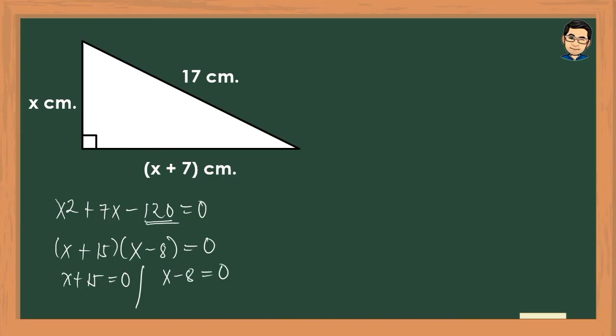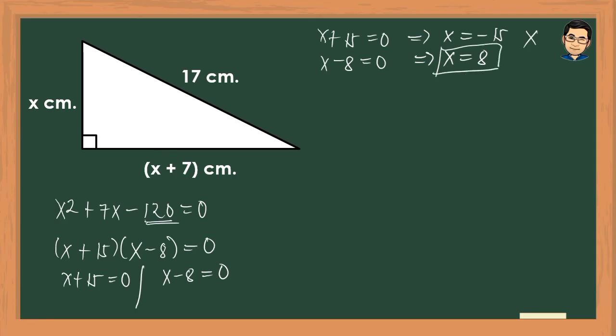So, x plus 15 equals 0. That will become x equals negative 15. So, hindi po pwede yung negative. So, hindi po natin pwedeng gawing solusyon yon. And then, x minus 8 is equal to 0. That will become x equals 8. So, since positive po siya, this will be our solution.